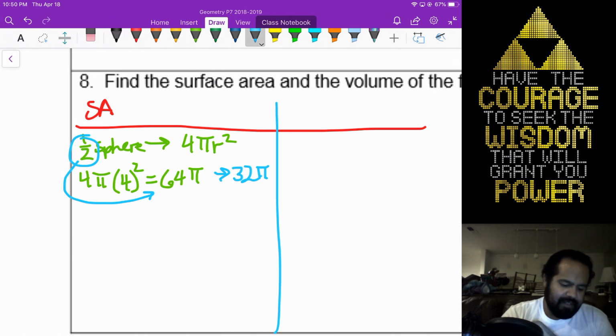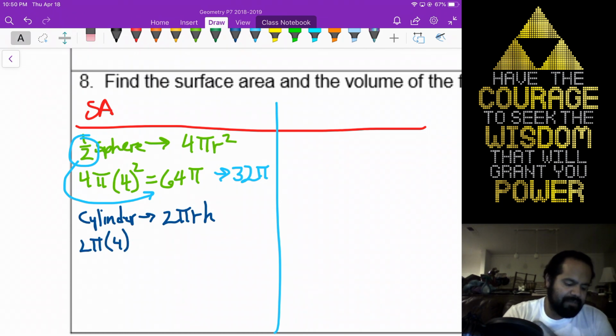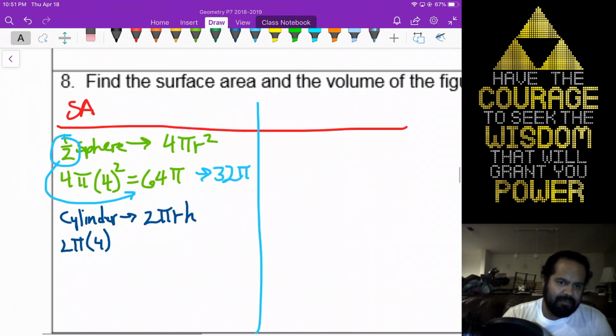Now on your cylinder, again, we have our lateral area, which is going to be 2 pi r times the height. So that's 2 pi times 4. What is my height? 10.